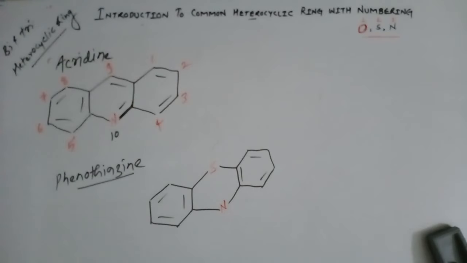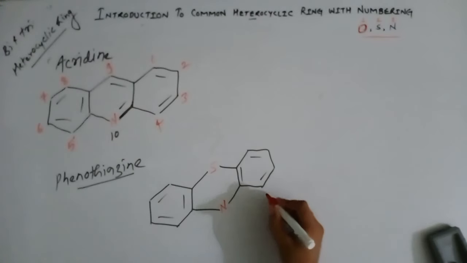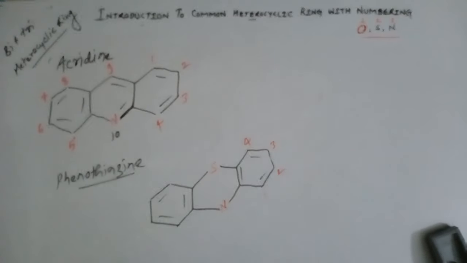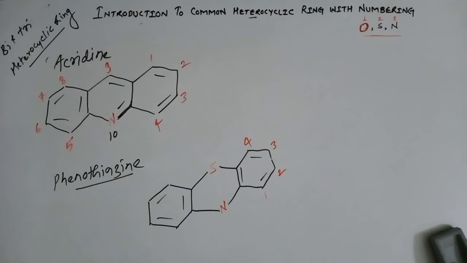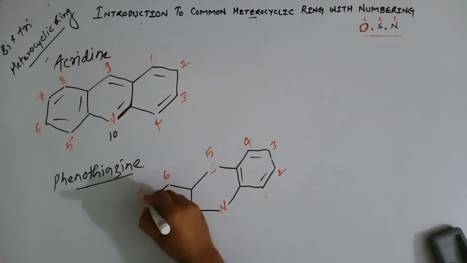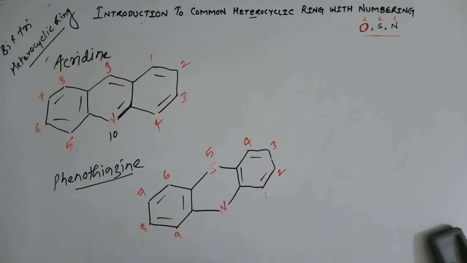Now again, from where should we give numbering to this molecule? So here again there is an exception. The numbering is given from this position: 1, 2, 3, 4. Now sulfur is given 5th, 6th, 7th, 8th, 9. And again the nitrogen is given 10th position. This is your phenothiazine.